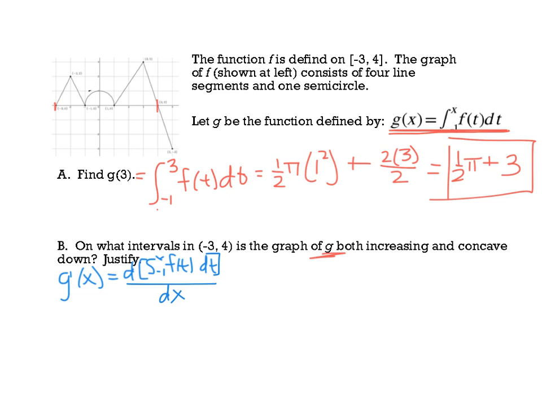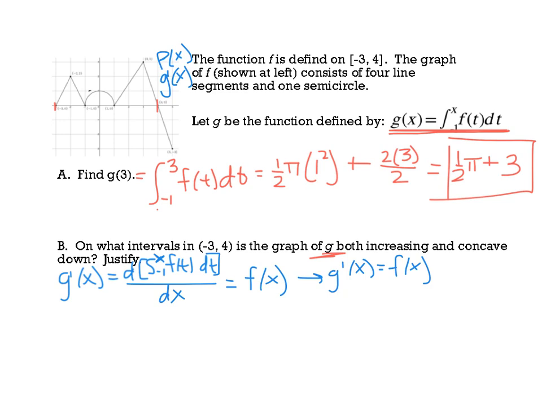Now remember, if we have an unknown bound, we basically just plug in the antiderivative of f, and actually what this ends up being is just f of x. So g prime of x is actually equal to f of x. So this graph right here not only is f of x, but it's also g prime of x.